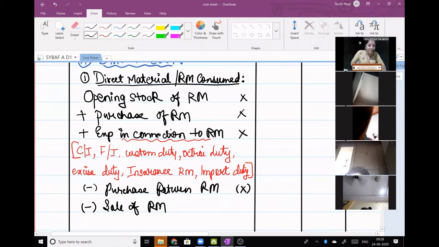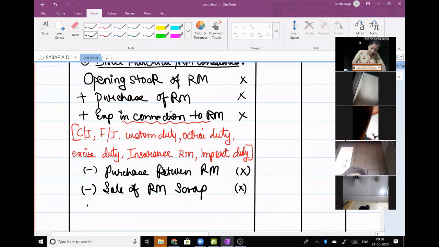Manufacturing account credit side. It's a revenue, it's an income. So obviously it will be reduced from my cost. So sale of raw material scrap. Credit side items I'm subtracting. Subtraction I'm denoting with brackets. And next, closing stock of raw material.